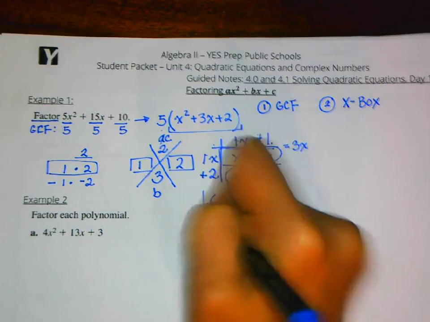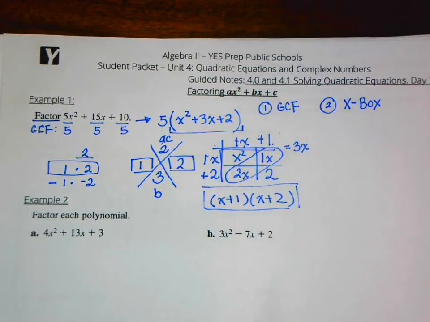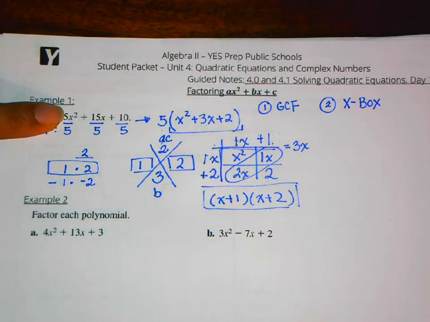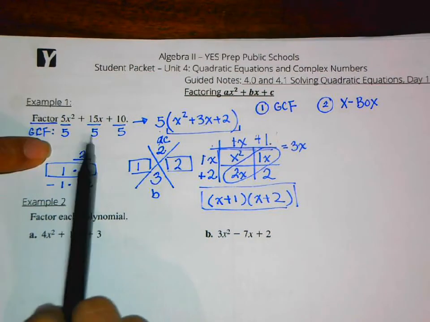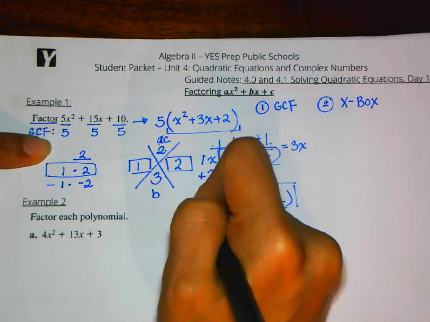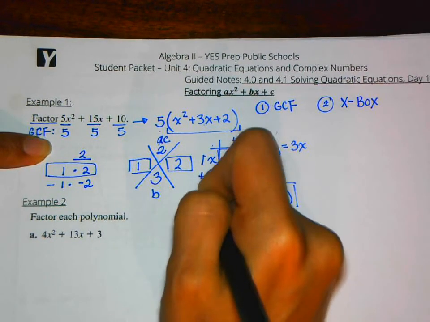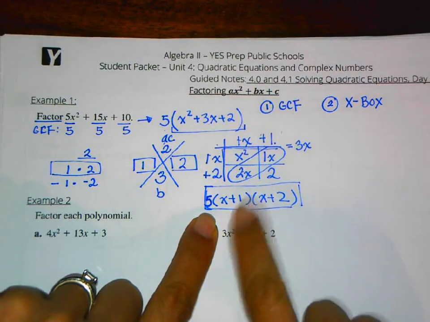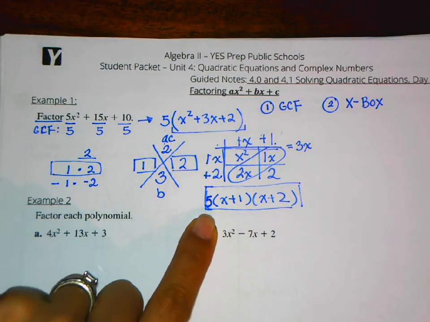And this is the factor of x squared plus 3x plus 2. What I've forgotten was I divided out a 5 at the beginning. So I need to make sure that I put that 5 right back in the front of my factor. So my final answer is 5 times x plus 1 times x plus 2.